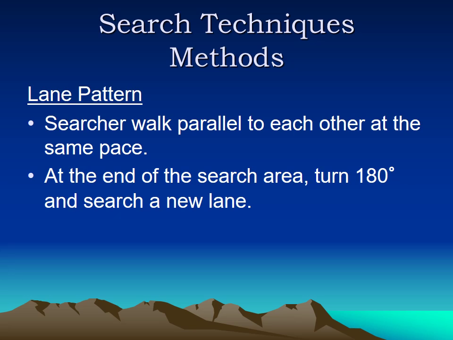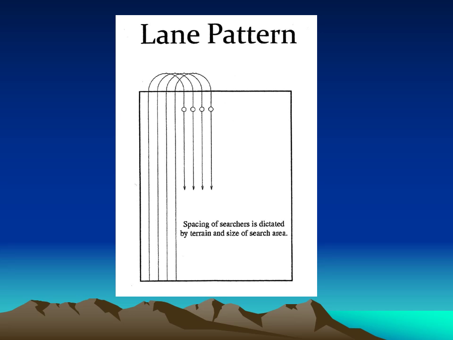At the end of the search area, the searchers move to the left or right to an unsearched area, turn 180 degrees, and begin searching going back in the opposite direction in a new lane, covering new ground for all members of the search team. This diagram shows how the lane pattern is accomplished in covering a search area.